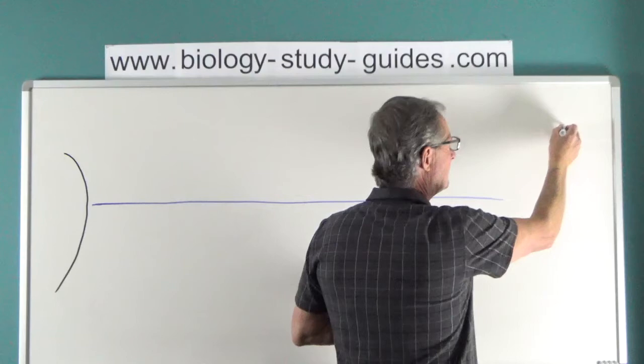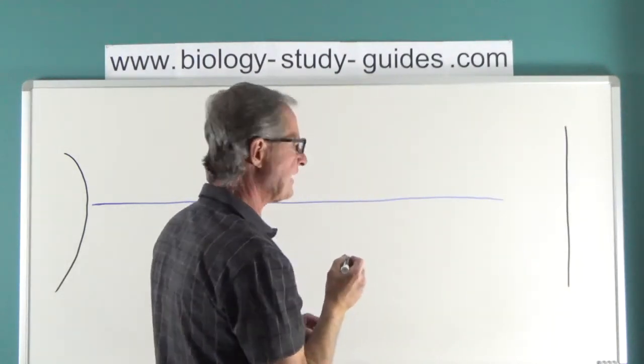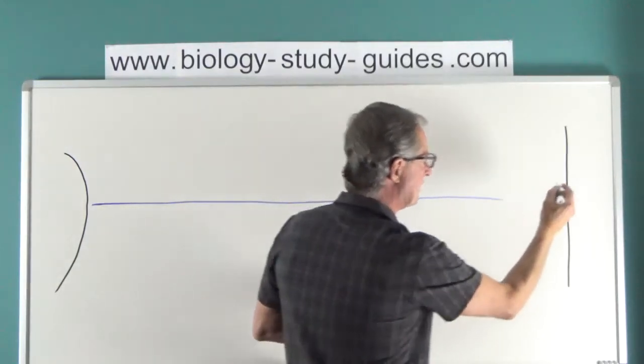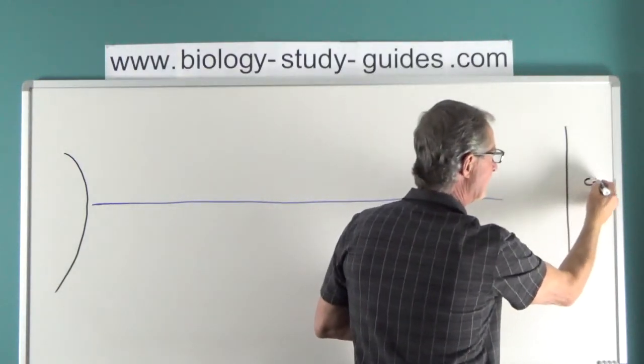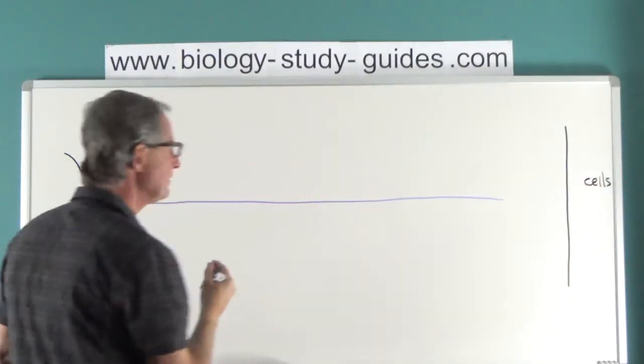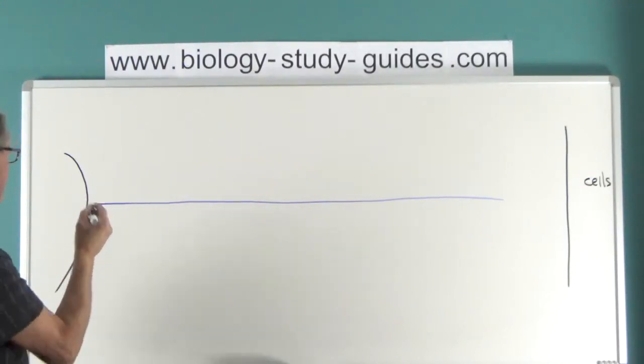And we'll draw that capillary edge like that. And this, of course, can be the cells on that side. Okay? So if you understand my diagram, I think we're ready to get started with this topic.